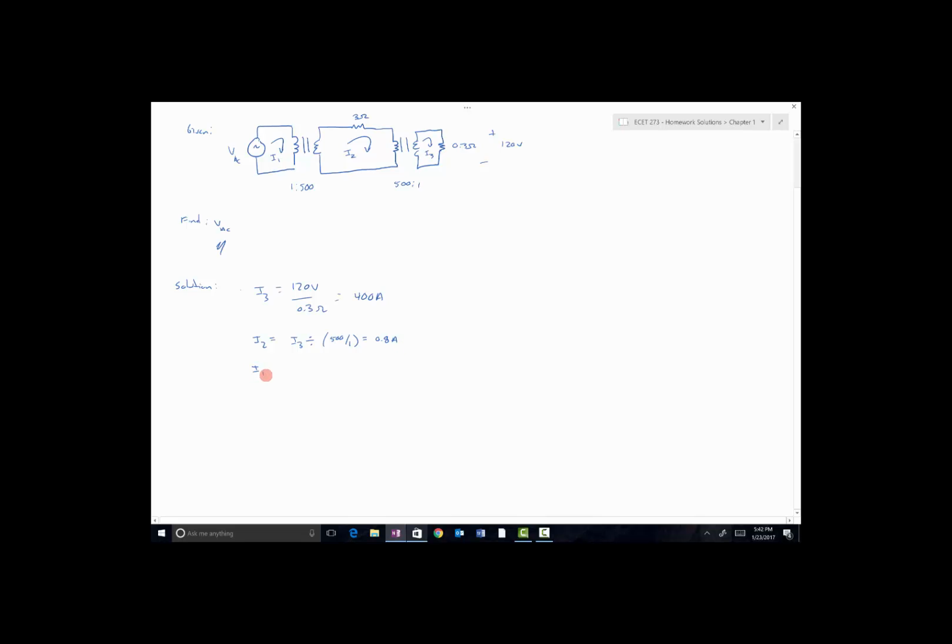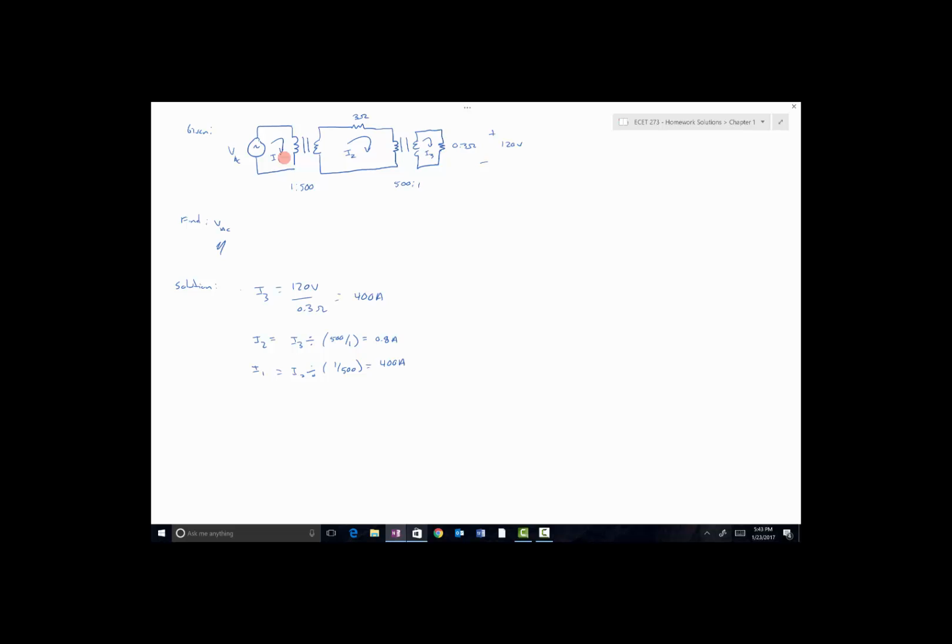I1 is related to I2 by the turns ratio of this transformer, so that's I2 divided by 1 over 500. And so that just gets us back to 400 amps. So 400 amps in the load circuit, 0.8 amps in the distribution circuit, and 400 amps in the generator circuit. So we've got our currents there.